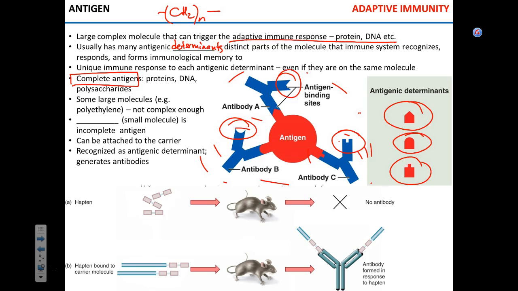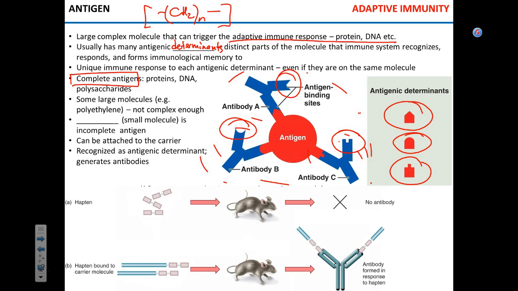So these molecules are large, extremely large. But look at this formula that I put over here at the top of the slide. Are they complex? Just repeated CH2 fragments. It's not complex. So polyethylene isn't an antigen. Although it's large, it's not complex enough. Does that make sense?